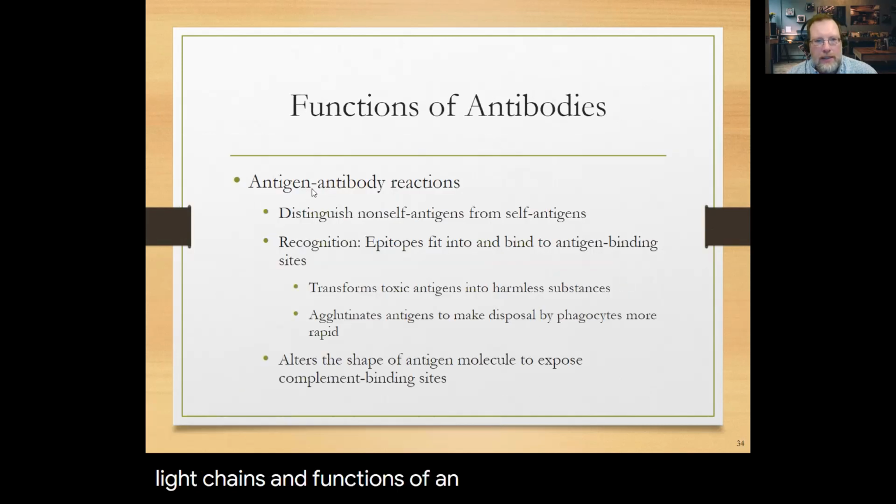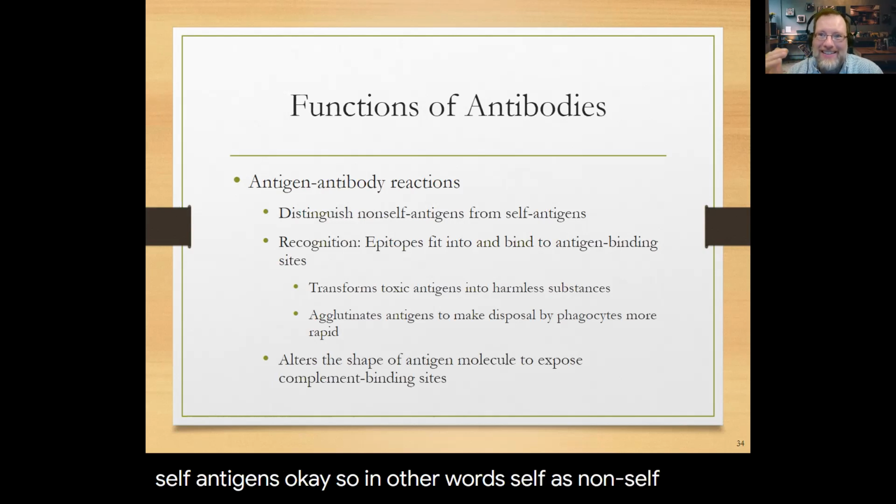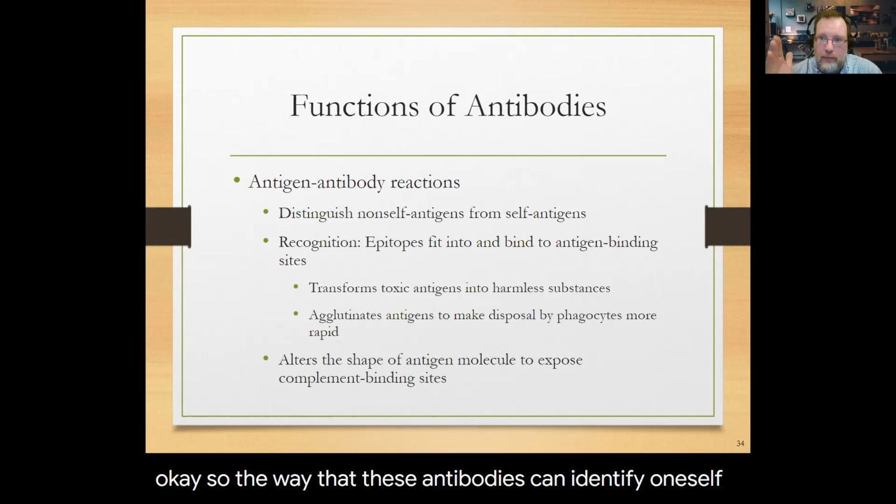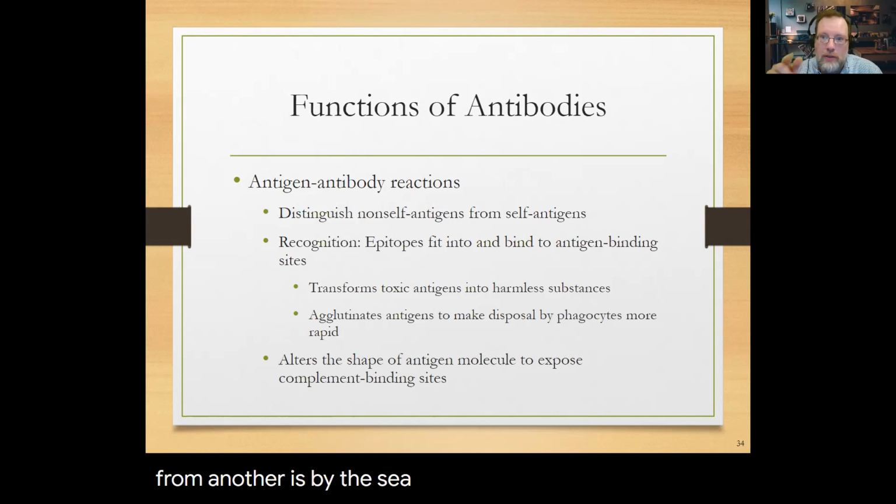Functions of antibodies, again, we get the antigen-antibody reaction. We're going to see a couple different methods that this occurs, but basically the antibodies are trying to distinguish self versus non-self antigens. In other words, self versus non-self cells. The way that these antibodies can identify one cell from another is by the surface markers.